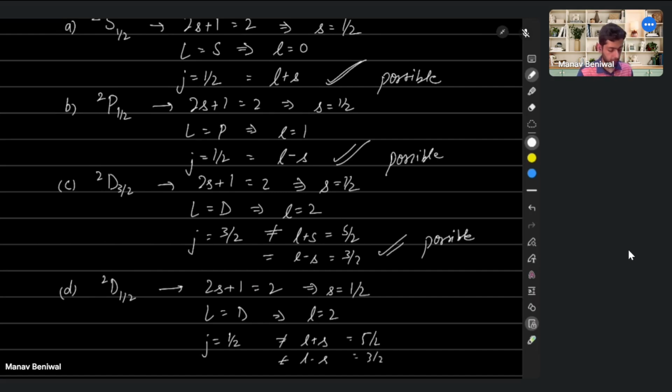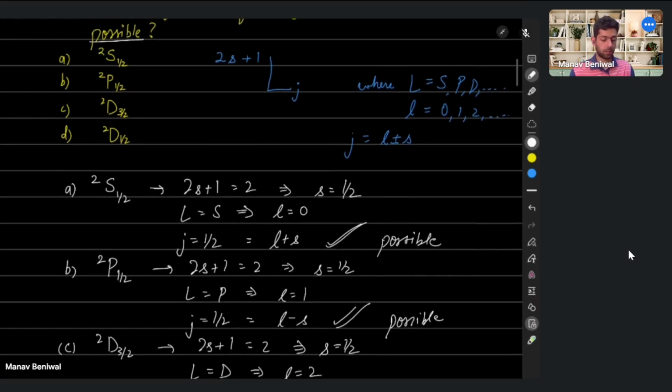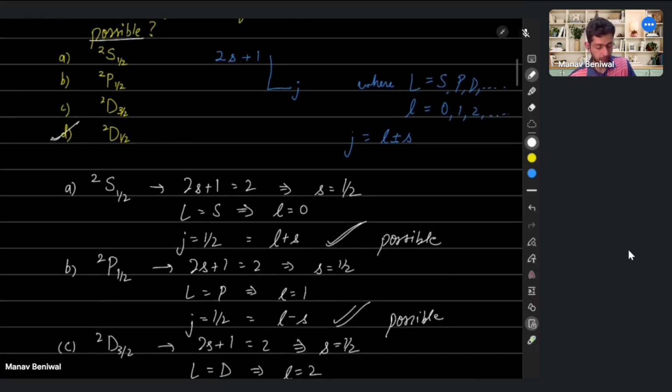So we can see that it is not equal to both of them, therefore it is not possible. Therefore the correct option is option number D.